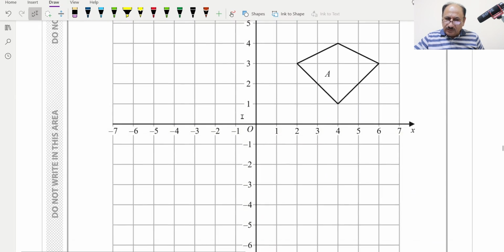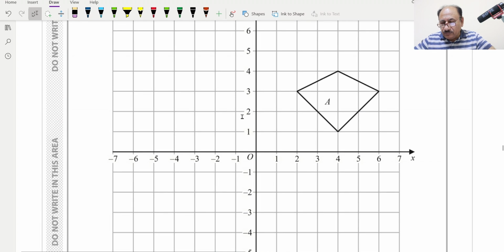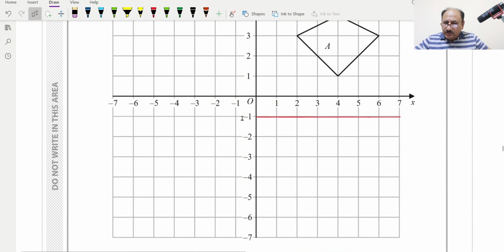This is kite A, so the y is equal to -1 line will be this one, so we can draw the y is equal to -1 line. Now we can reflect this one.